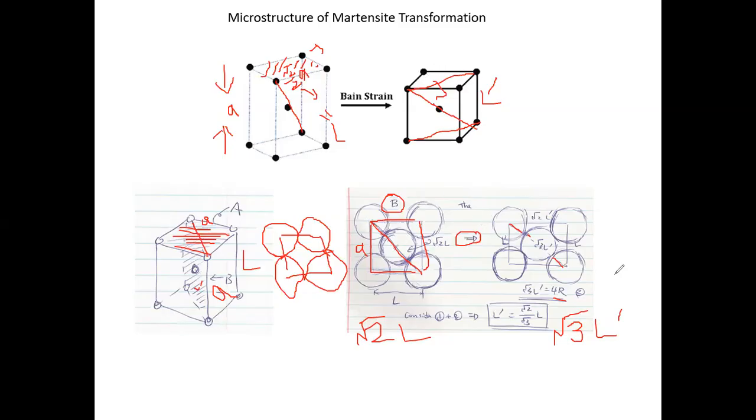From the packing constraint, we know that these two equal one another, because this is the same body diagonal, along which 3 particles touch one another. Based on this equation, we can easily solve for L prime in terms of L. So L prime simply equals the square root of 2/3 times L. This is what we're looking for.